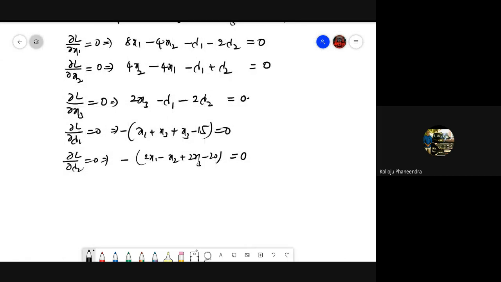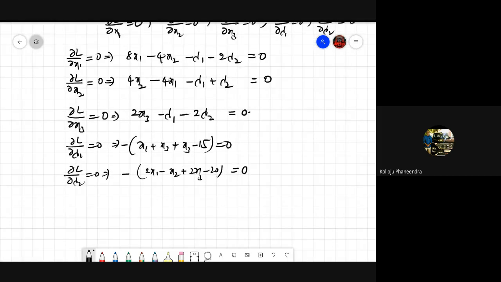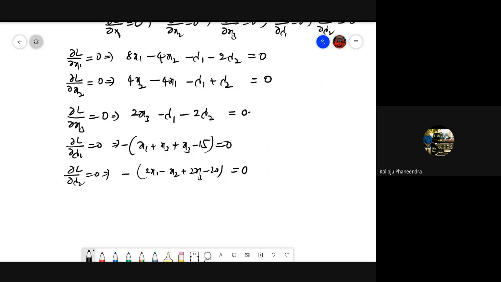So what I am getting here, from this expression, x1 + x2 + x3 = 15. From this expression, 2x1 − x2 + 2x3 = 20.